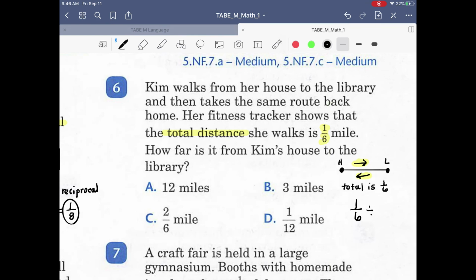So 1/6 divided by 2 over 1 is 1/6 times 1 over 2, which is 1 over 12. So each of those arrows in my diagram represents 1/12 of the distance that she walked.